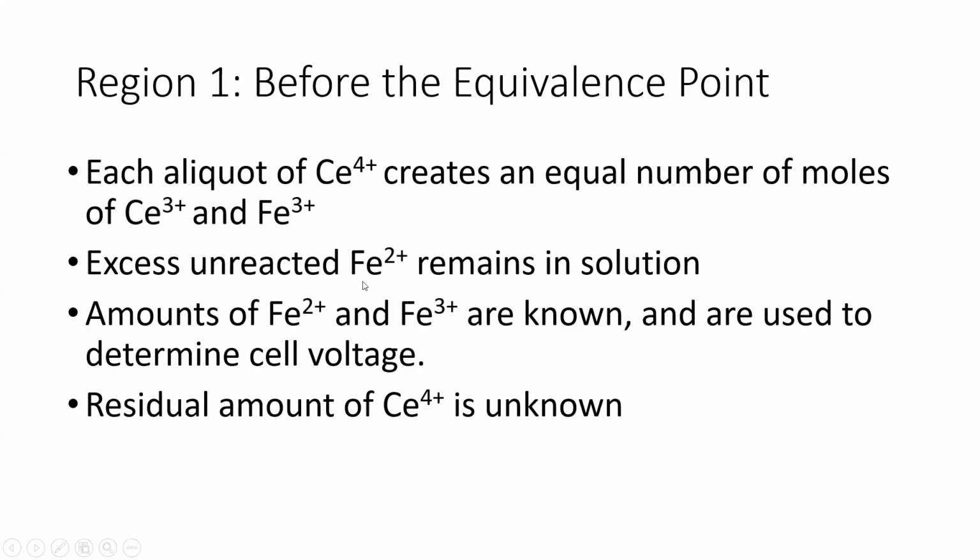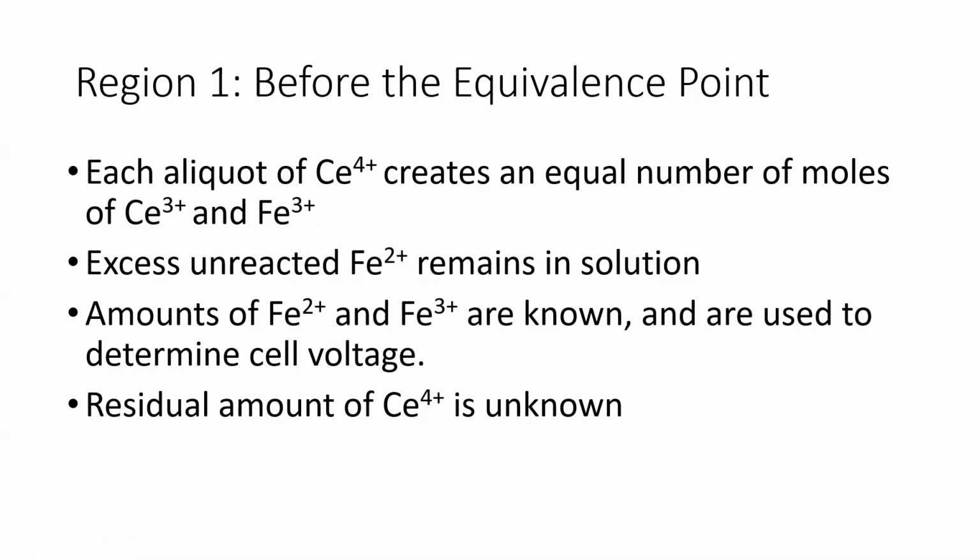So in the solution, we have iron 2, iron 3, and cerium 3. We won't have cerium 4, because as it touches the vessel, cerium gets reduced to cerium 3 and iron gets oxidized to iron 3. So the amount of iron 2 and iron 3 will be known, and we can determine their cell voltages via that method.